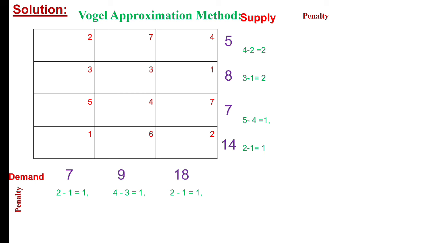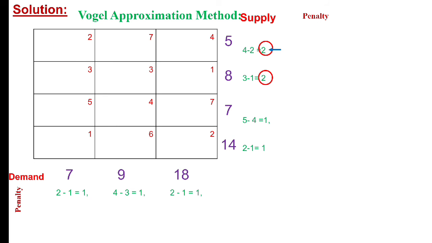Then again go for the penalty. First row everything is filled, dash. Second row, first minimum 1, second minimum 3, 3 minus 1, 2. Third row, first minimum is 4, second minimum is 5, 5 minus 4, 1. Fourth row, first minimum is 1, second minimum is 2, 2 minus 1, 1.